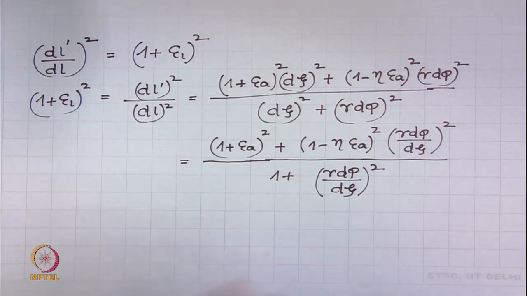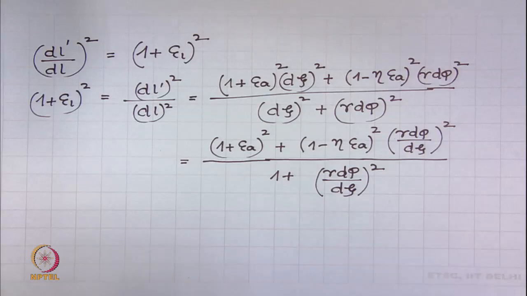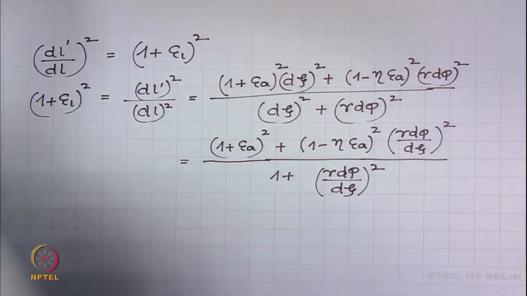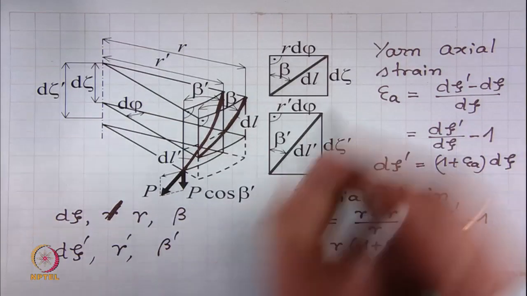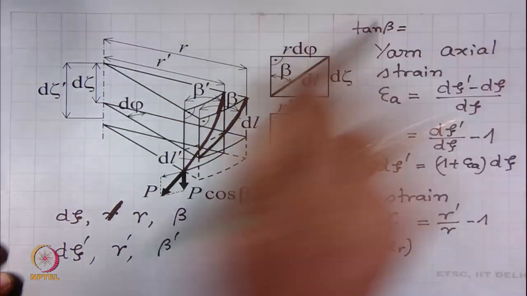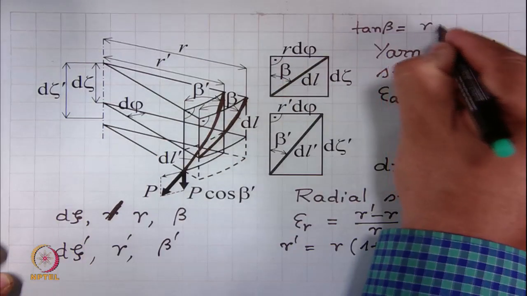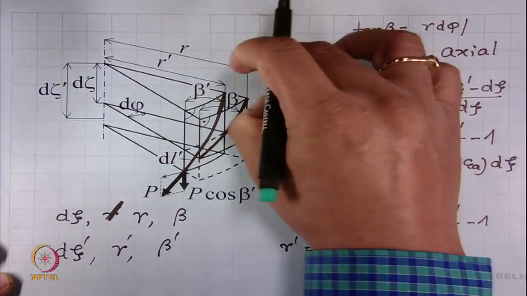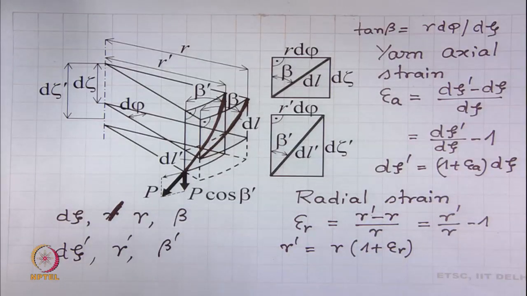What is this quantity r d phi by d zeta? We come back to our diagram. Tangent beta, tangent of this, is equal to r times d phi by d zeta. So, r times d phi divided by d zeta is equal to tangent of beta.